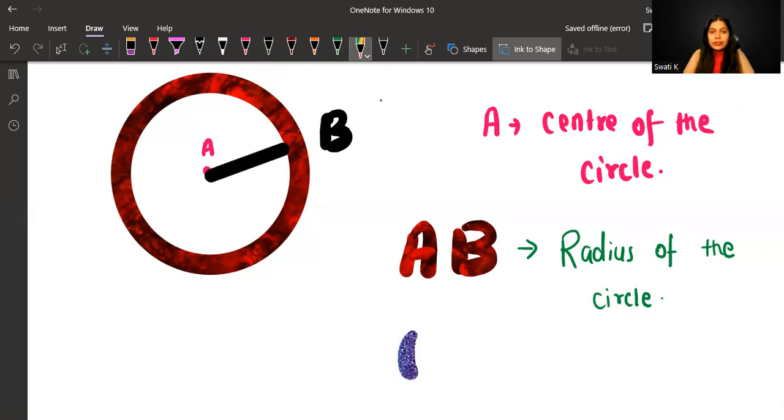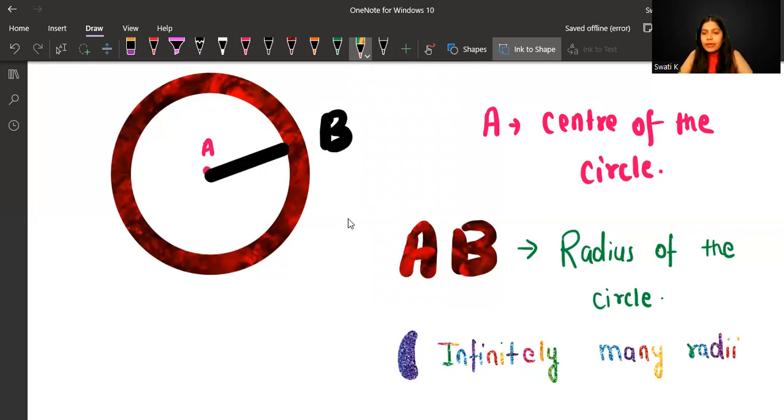Infinitely many radii we can draw. What is radii? Radii is simply the plural word of radius. So infinitely many radii are there in a circle.